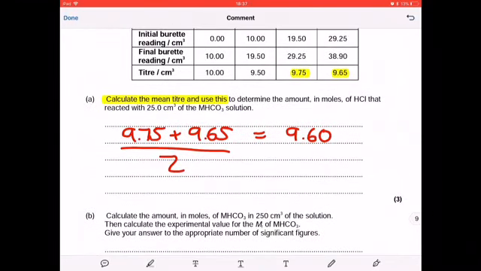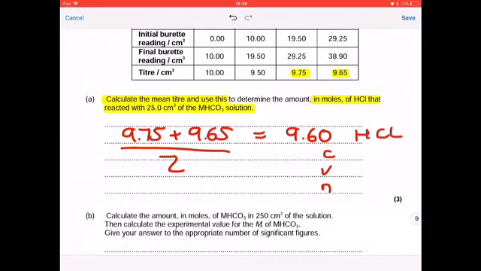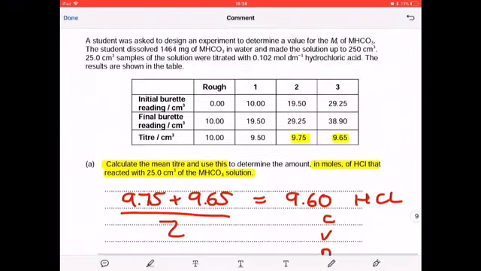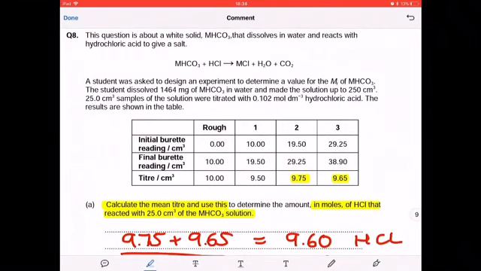It then asks us to use that value in order to calculate the moles of HCl that react with 25 centimetre cubed of the MHCO3 solution. So all you're looking for in this case is the moles of HCl, and we're going to do concentration, volume, moles. We don't need ratio. The concentration is given to you in the question. The concentration is 0.12, and therefore we can use that in the table below.